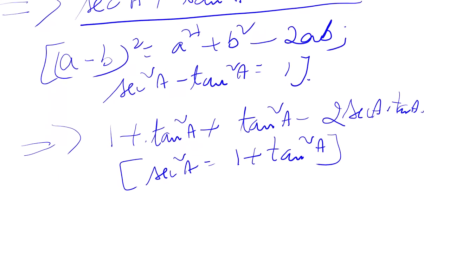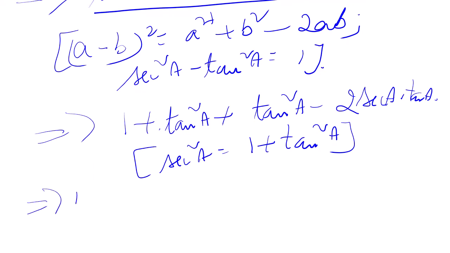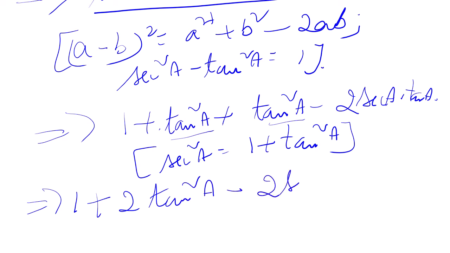So now this becomes 1. Then we have 2 tan square A minus 2 sec A tan A.